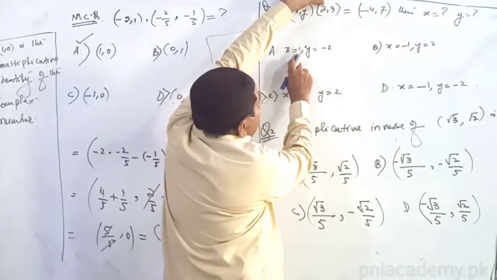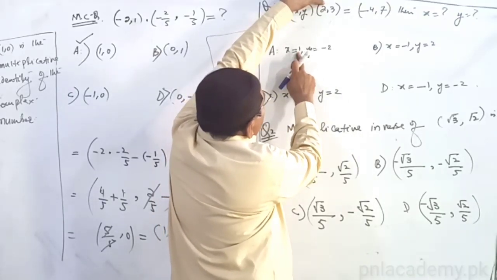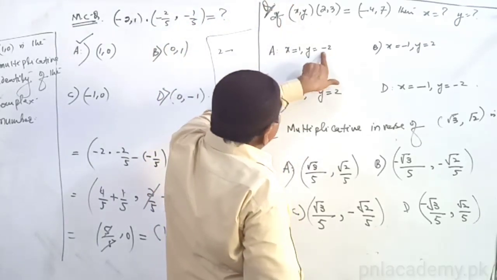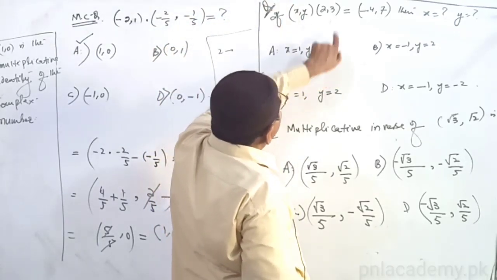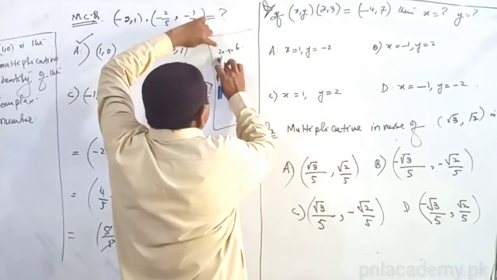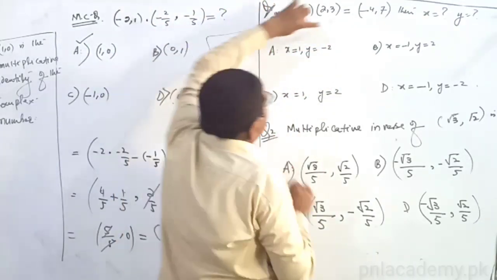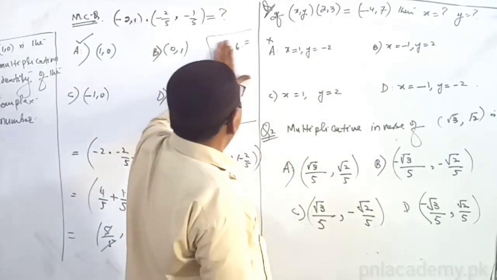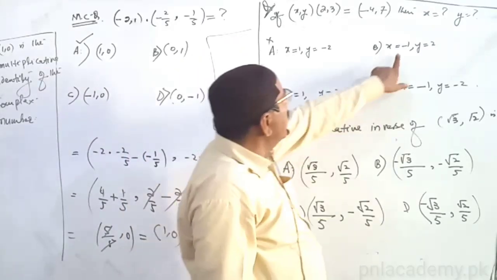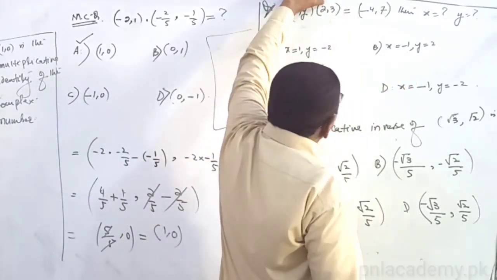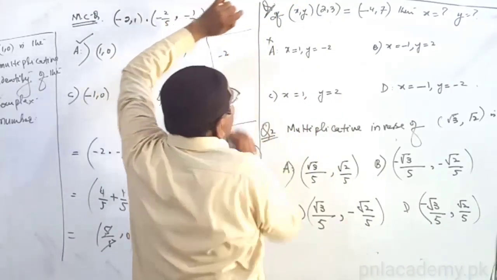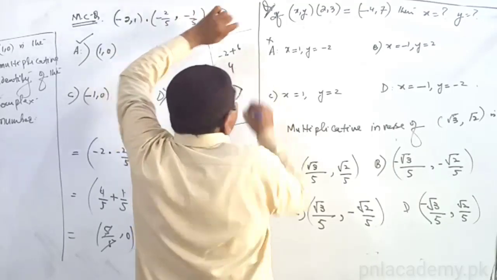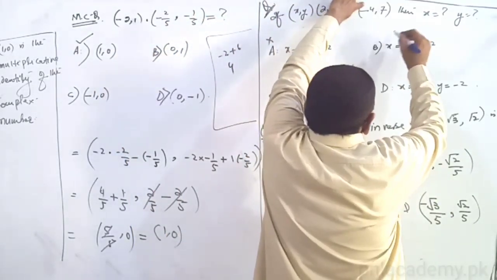AC means 1 into 2, 2, minus BD, minus into minus plus 2 into 3, 6, 2 and 6 is 8, but here the result is minus 4, so this should be the wrong option, not the correct option. x is equal to minus 1: AC is minus 1 into 2, minus 2, plus 2 into 3 plus 6, this is 4, but we need the result of minus 4.